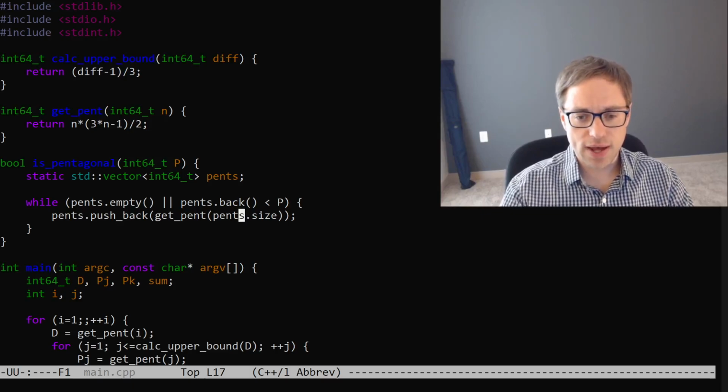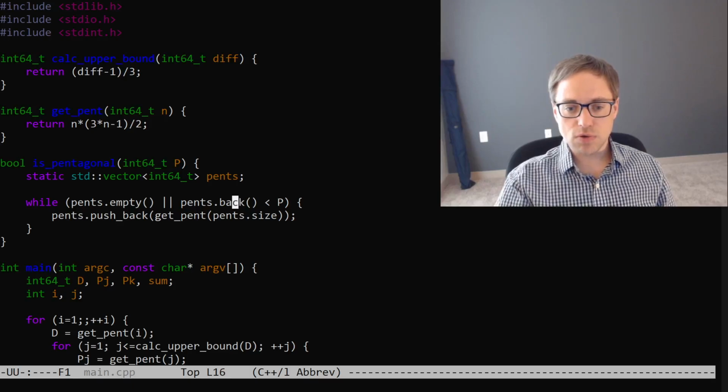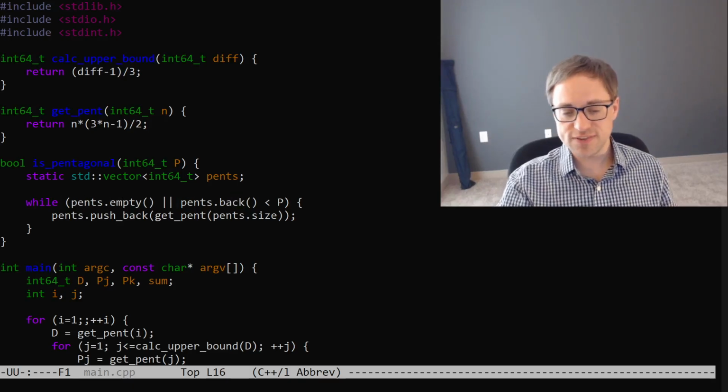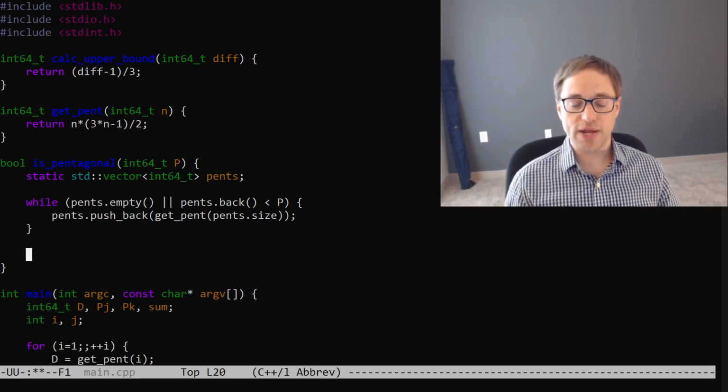Okay, so this will make sure we have all the pentagonal numbers we need. Note that most of the time we will get here and have already filled out the list, and so we won't even execute any of this. Then we need to do our actual binary search.